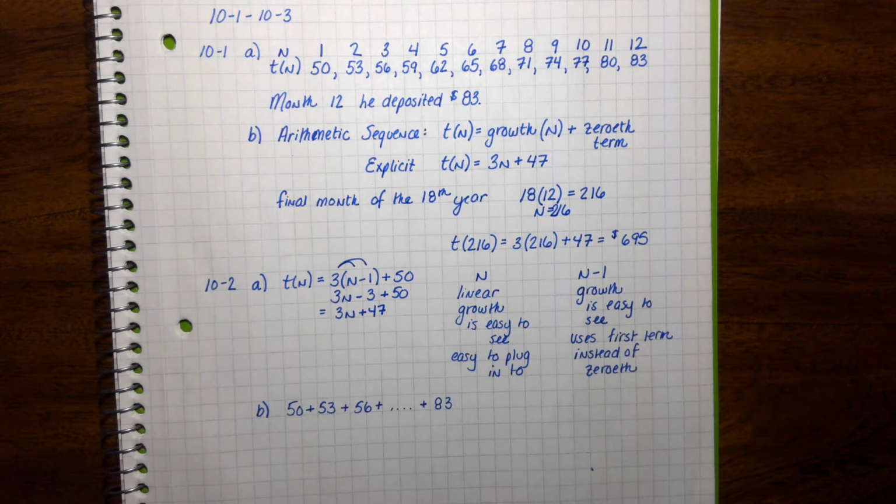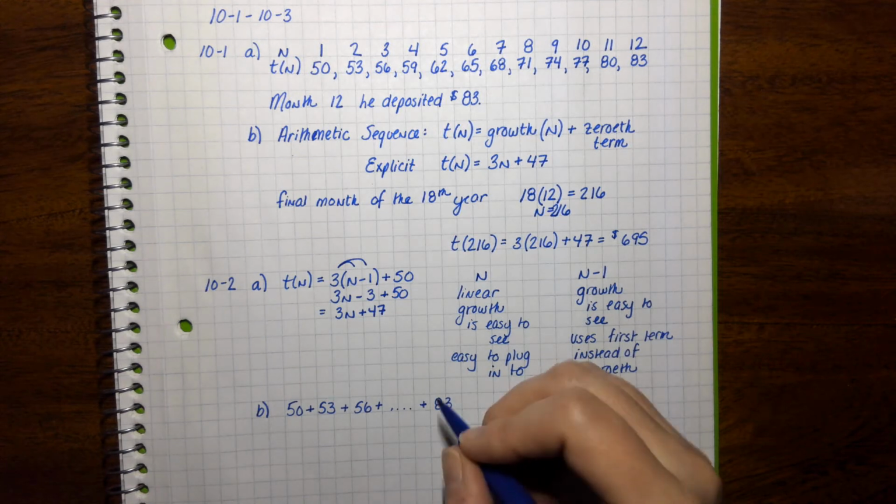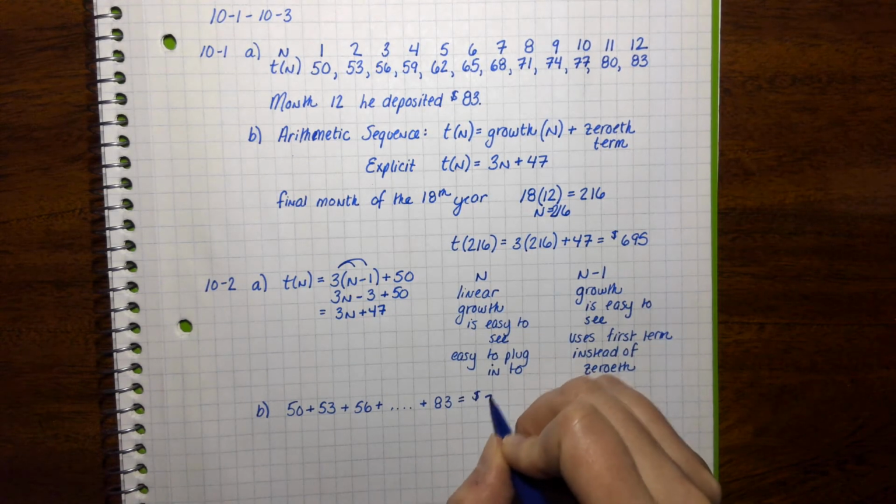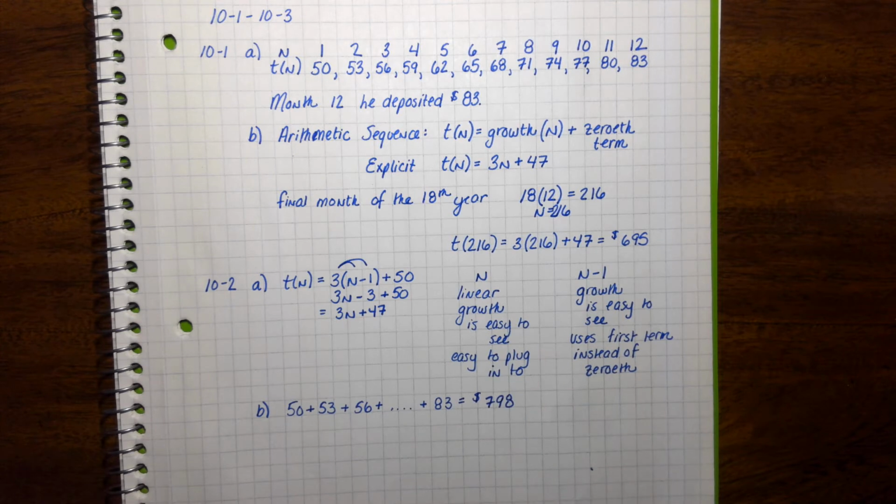And we are going to cheat a tiny bit, because we can, and look that up. That is $798. Feel free to verify that on your own if you like.